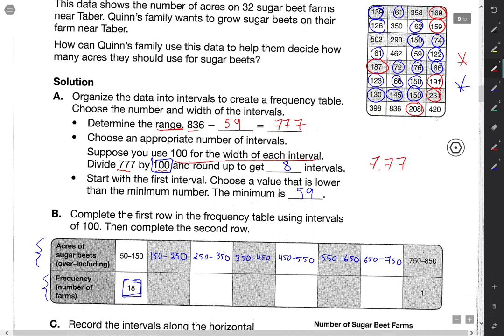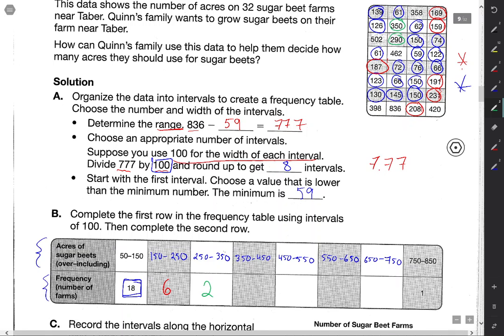So the frequency of this interval is 6. We're going to do the same thing for the next interval, 250 to 350. So I'm going to circle them in green here. We have 350 here, and this 290 here falls between those two. So our frequency for this one is only 2.